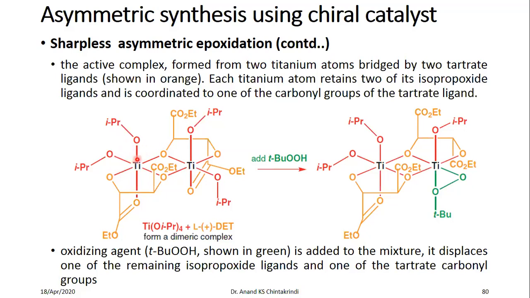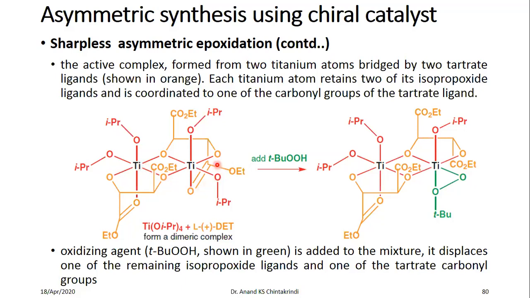So it forms this dimer complex by losing two of its isopropoxy groups, and forms a complex with the chiral diethyl tartrate here. And this is the hydroxy of that tartrate, one of the hydroxy groups coordinated to the titanium, and the other hydroxy to the titanium as well.